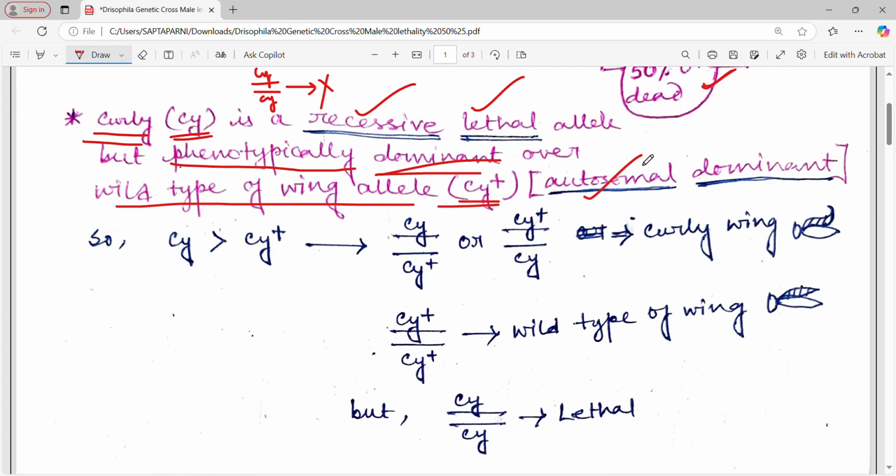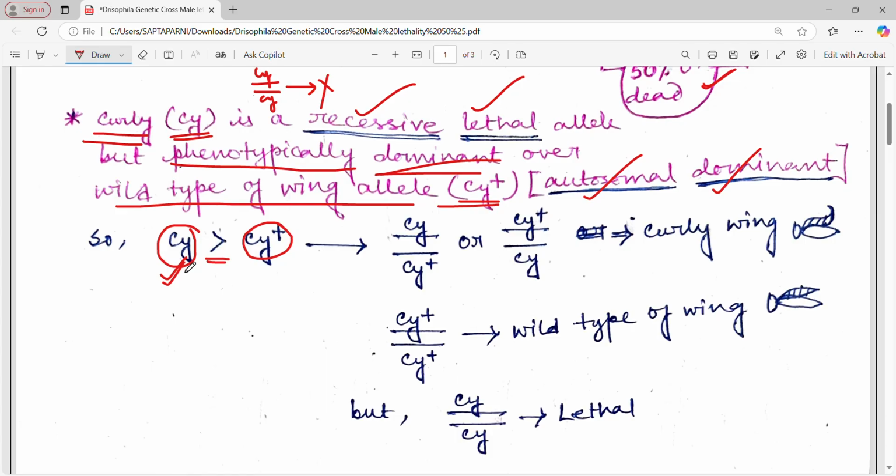This Curly mutation gene is present on the second chromosome, that is why it is an autosomal mutation, and the Curly mutant allele is dominant over the wild type wing allele, that is Cy plus. Obviously as Cy, the Curly mutant allele, is dominant, in both homozygous and heterozygous condition it should show Curly wing.